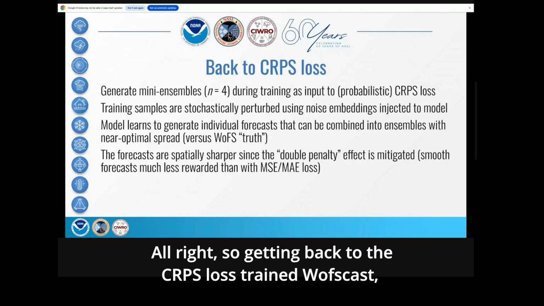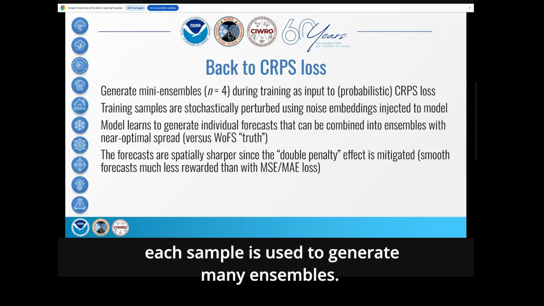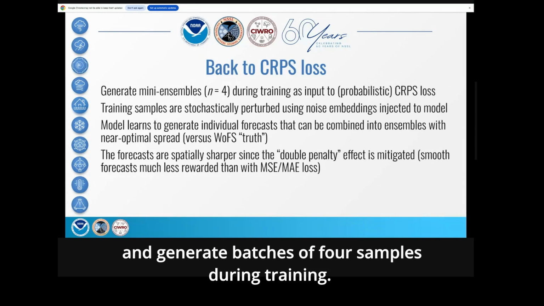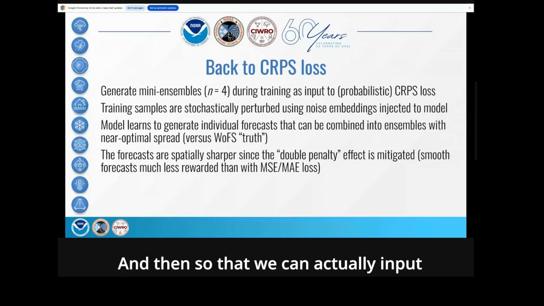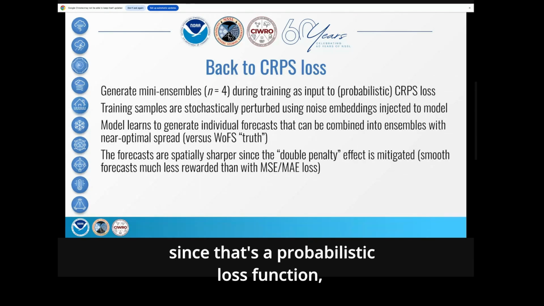All right, so getting back to the CRPS loss trained WoFSCast, the way this is done is during training, each sample is used to generate mini ensembles. In this case, we follow the AIFS implementation and generate batches of 4 samples during training. And then we can input a forecast distribution to the CRPS loss function, since that's a probabilistic loss function.